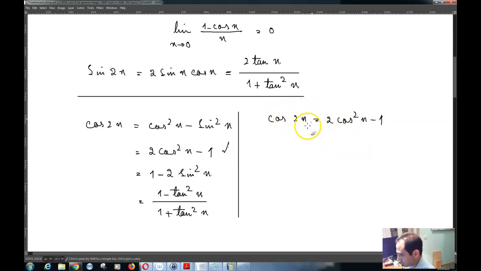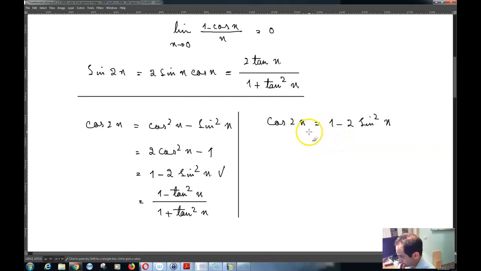And based on this other part, you can say that cos of 2x is equal to 1 minus 2 times sine squared x.